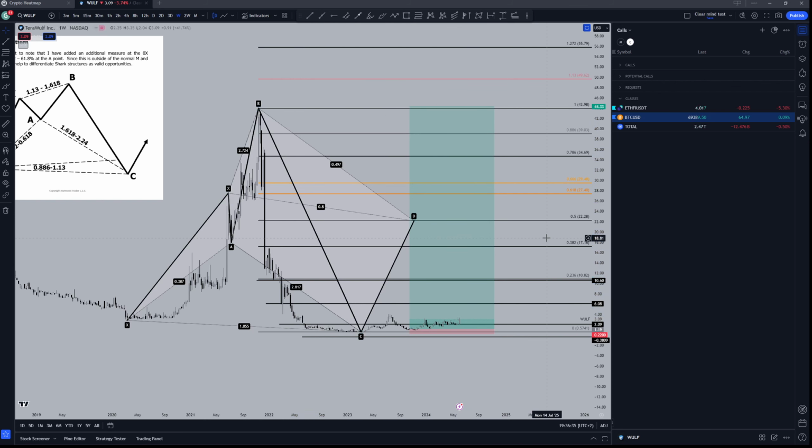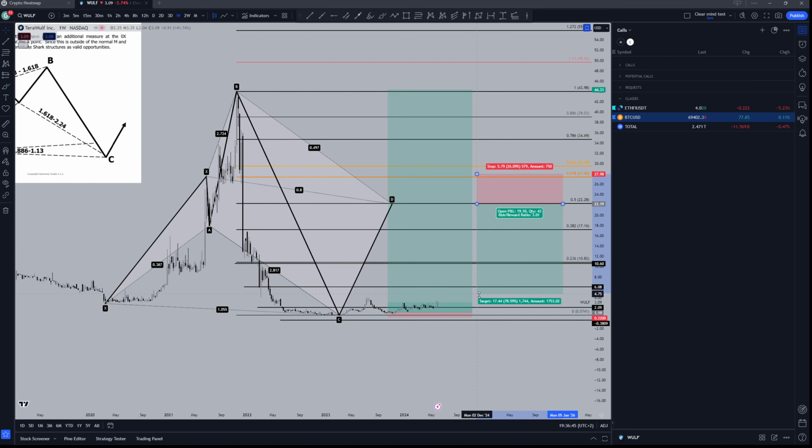Because every shark will transform into a 5-0, and 5-0s are valid reversal opportunities, so this would be a valid play based on that. So in this place specifically, and with every shark, I would heavily TP this 0.5. This 50% of the range would essentially be a very likely reversal point.